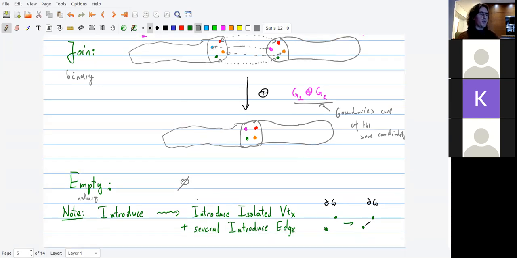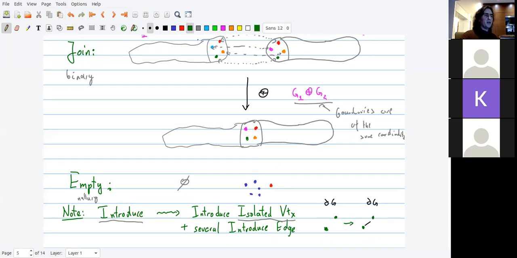And note that one of them, the introduce operation, I can even break into smaller steps. I can always first introduce the vertex being isolated. So for instance, if I have some boundary vertices that I have here put in blue, maybe I just add one new red boundary vertex that is so far not adjacent to anybody.